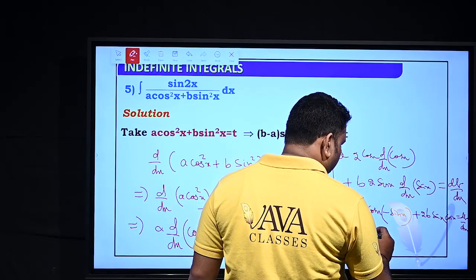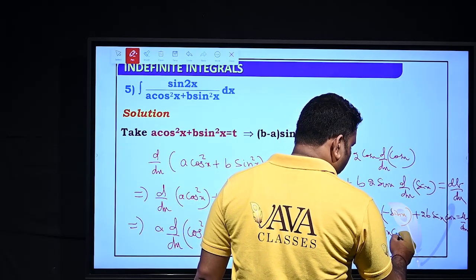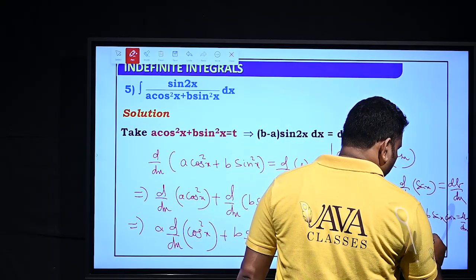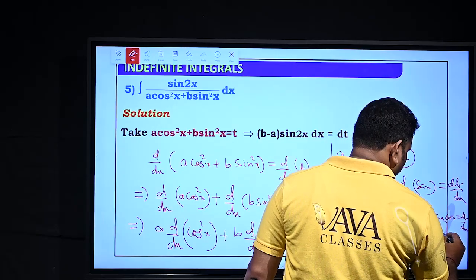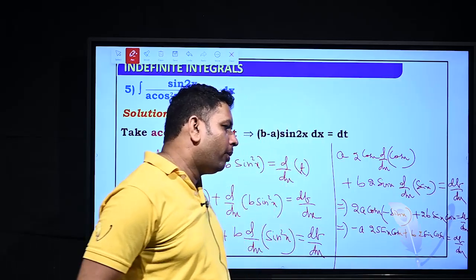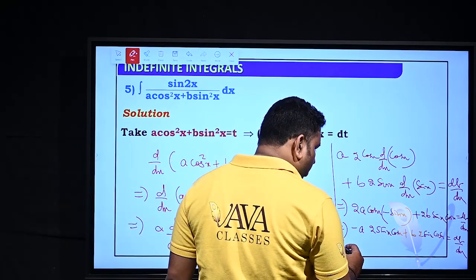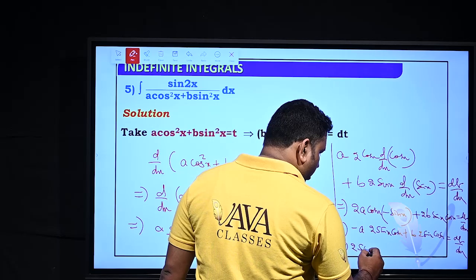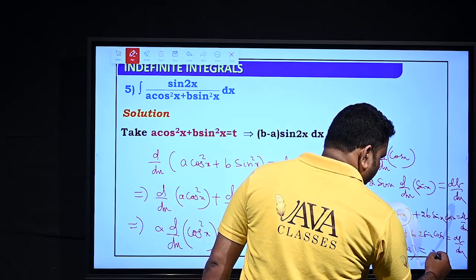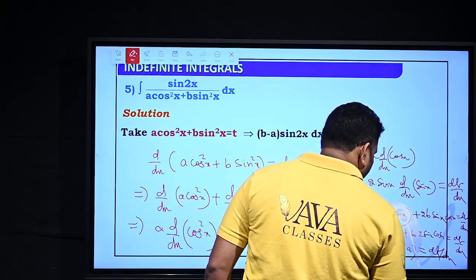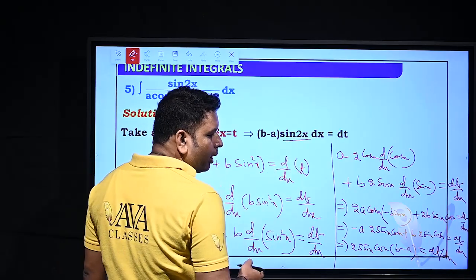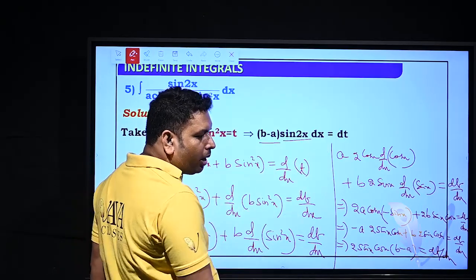Minus a into 2 sin x cos x plus b into 2 sin x cos x equal to dt by dx. You can take 2 sin x cos x common: 2 sin x cos x into (b minus a) equal to dt by dx. Now 2 sin x cos x is sin 2x. So sin 2x (b minus a) equal to dt by dx.